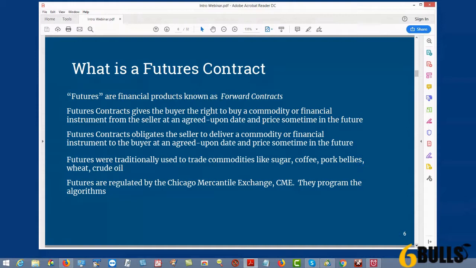Now you have 2 choices. You can either wait until you run out of wheat, go on the market and hopefully find some wheat, and who knows what price you'll have to pay, or you can contract with a farmer for the amount of wheat that you need at a specific price to be delivered in the future.